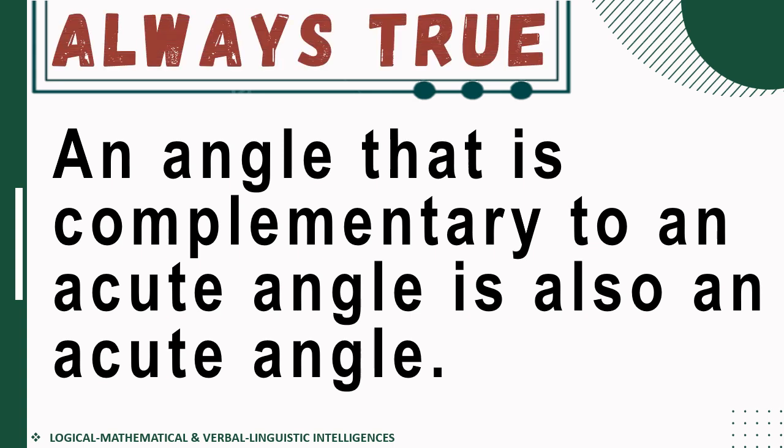If you analyze the statement, for example, the given acute angle is 1 degree. What is the complement of 1 degree? It's 89 degrees, right? If you classify 1 degree and 89 degrees, they are both acute angles, right? So that means this statement is always true.